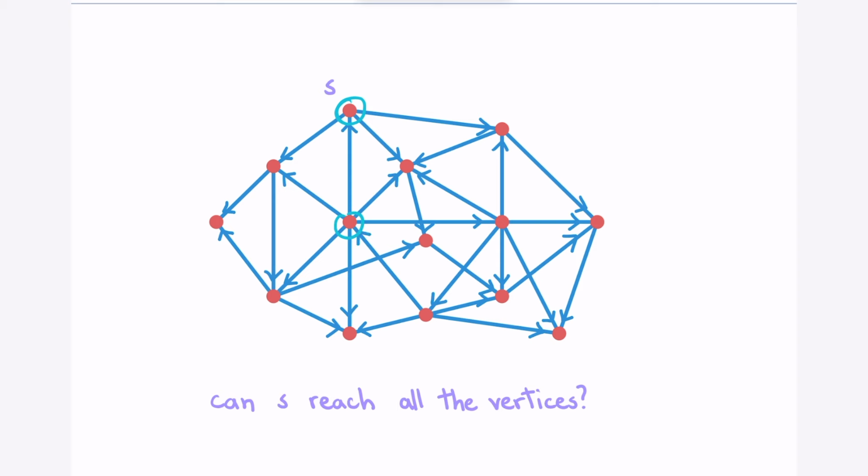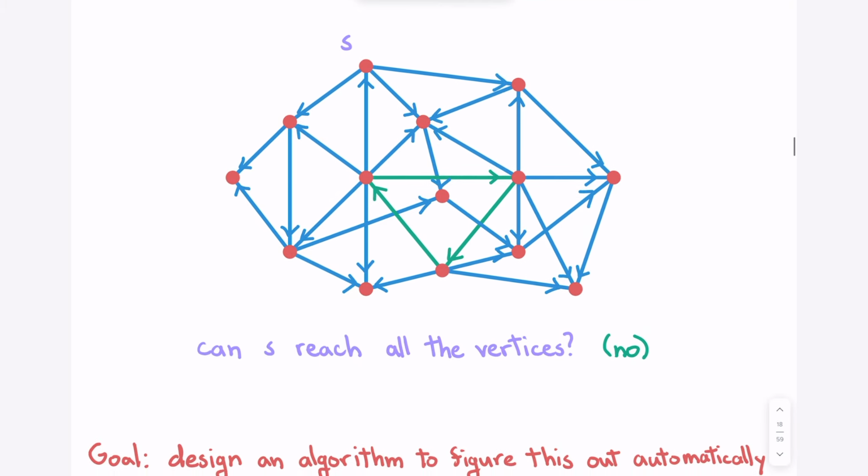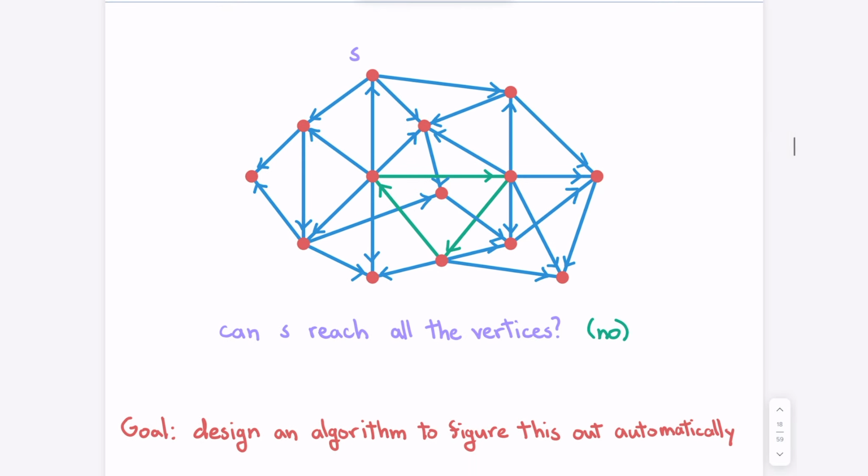If you're just looking for a vertex that's in-degree zero, I guarantee they all have in-degree at least one. So these three vertices in the middle, I put them in a cycle so that they won't have in-degree zero.